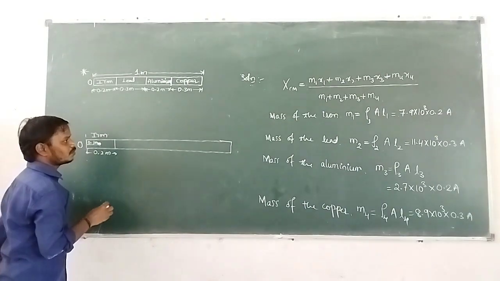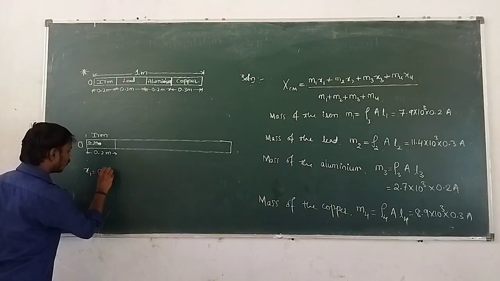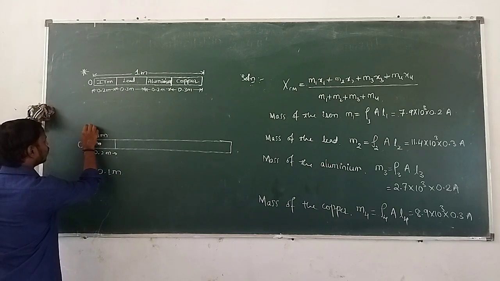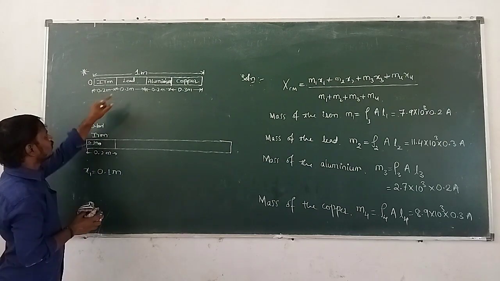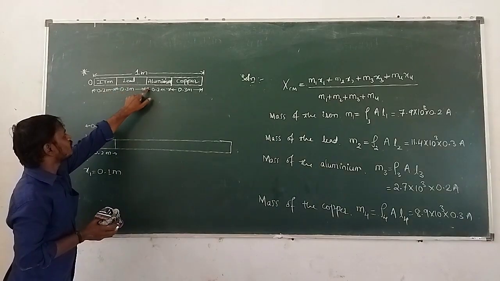So x1, what about x1? x1 is 0.1 meter. Next one. After that, lead is there. So where its total mass is located?